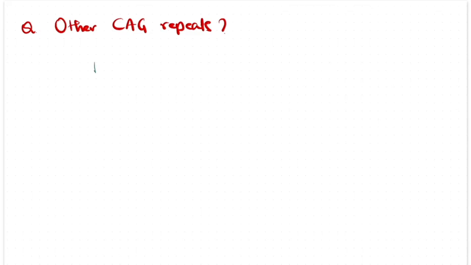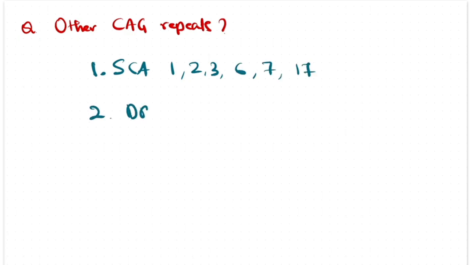One, I've already told, is SCA 1, 2, 3, 6, 7 and 17. Then DRPLA. What is DRPLA? It is dentatorubropallidoluysian atrophy. That's also CAG repeat only.